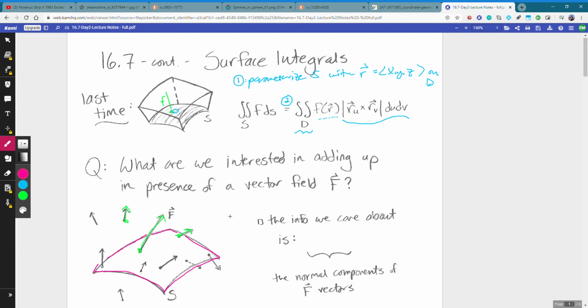Well, to get our hands on that, unlike with line integrals for vector fields where we did tangential components, now to understand what portion of this F vector here is moving across our surface, we want to look at the normal component.